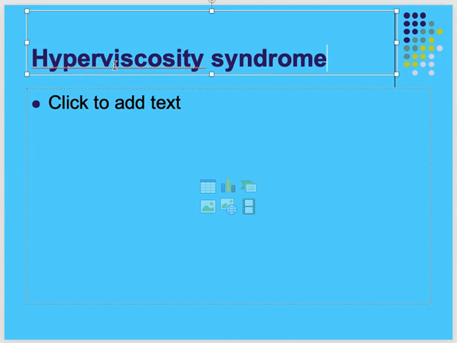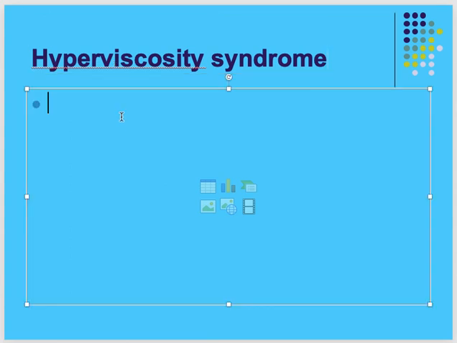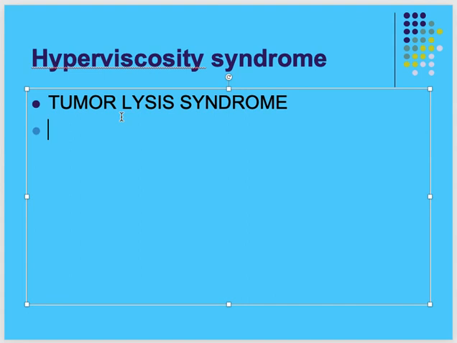And one thing which I already talked about is tumor lysis syndrome. Whenever we start treating, especially any leukemia or lymphoma, when the disease is extensive, those cells, when they lyse, when they are destroyed, are going to release all their contents into the blood.